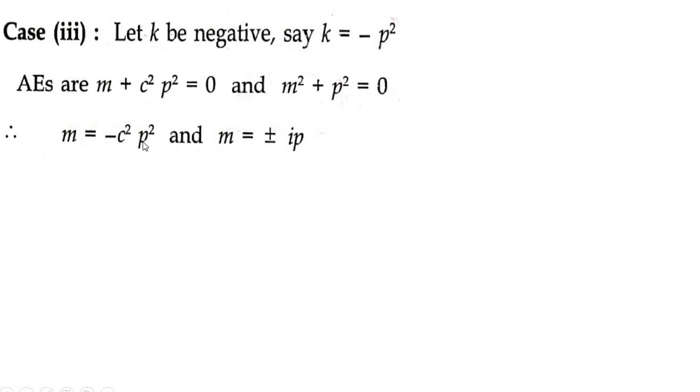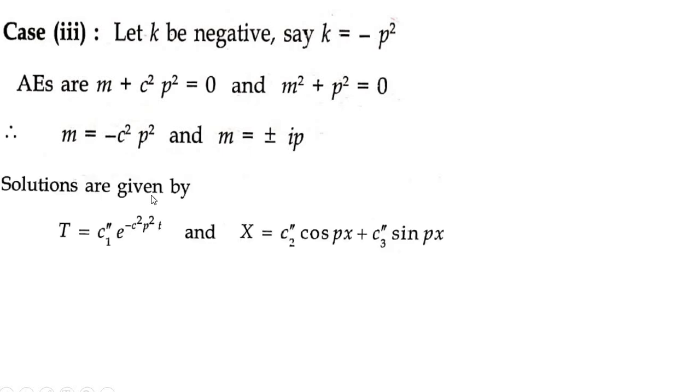Here you have one root, minus c square p square, whereas the second is a pair of complex roots where alpha is 0 and beta is p. So write its solution. T is equal to c1 double dash into e to the power minus c square p square into t, and here X is equal to, alpha is 0, so you need not write that. Anything to the power 0 is 1, so c2 double dash into cos of beta, that is cos px, plus c3 double dash into sin px.